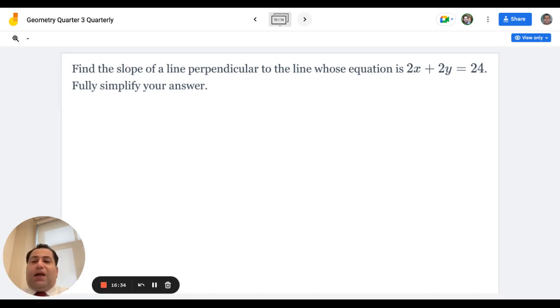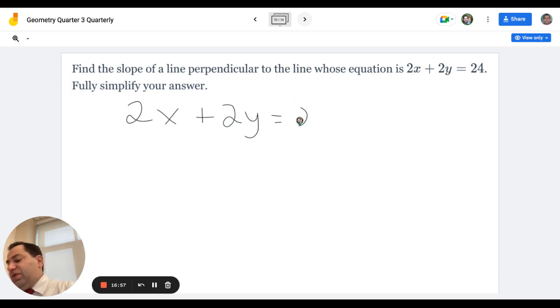All right, our next topic has to do with parallel and perpendicular lines. Find the slope of a line perpendicular to the line whose equation is 2x plus 2y equals 24. So we did these in class the other day. 2x plus 2y equals 24, right? And we need to solve for y because the goal here is y equals mx plus b.